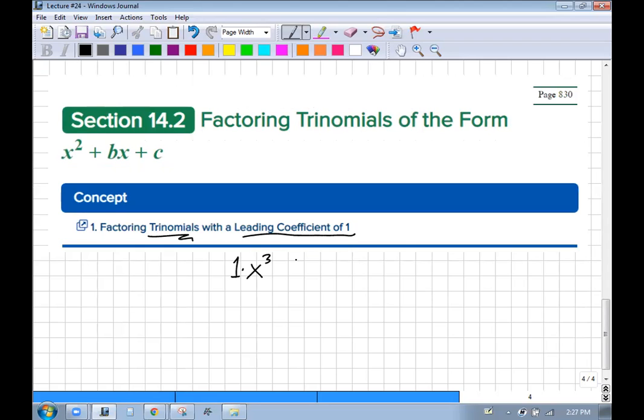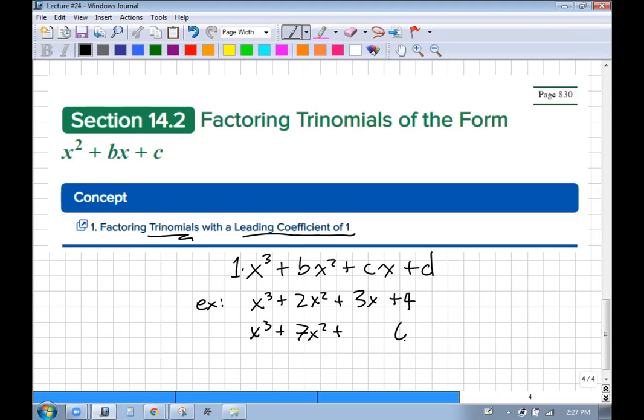So we're looking at stuff that looks like this. Bx squared plus cx plus d, where b, c, and d are numbers. So examples would be x cubed plus 2x squared plus 3x plus 4, or x cubed plus 7x squared plus 6. Those are examples of trinomials with leading coefficient of 1.